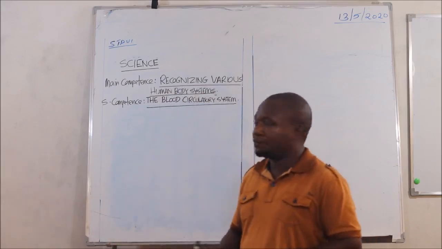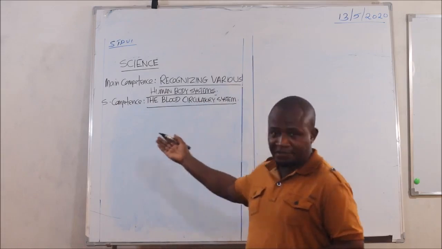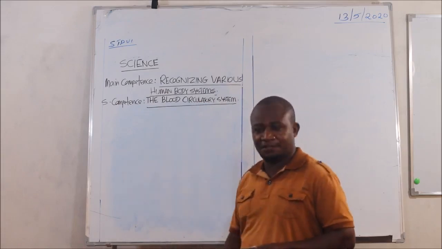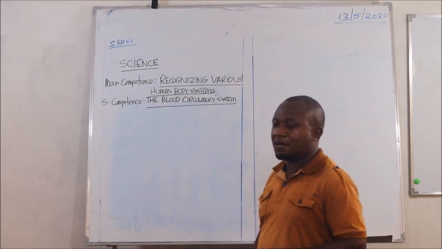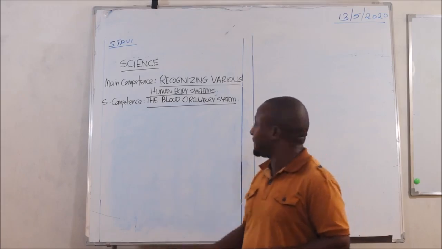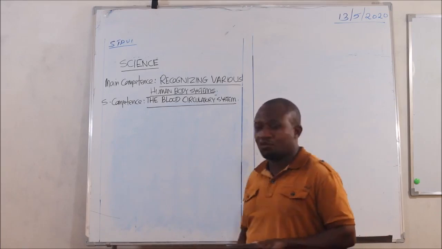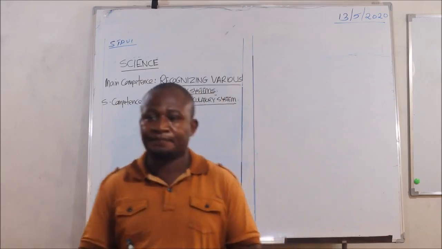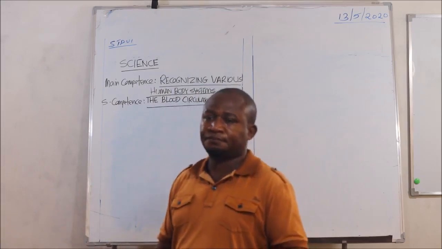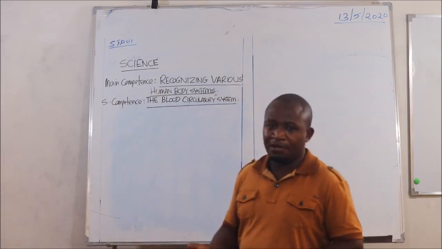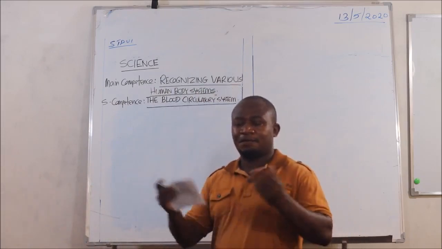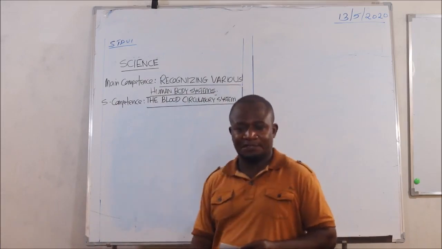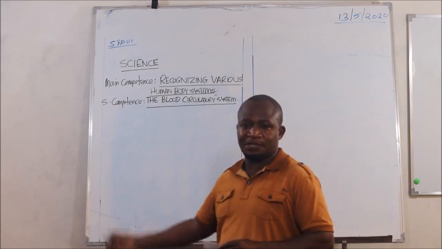Now, in this main competence, that is recognizing various human body systems, we're going to focus on the blood circulatory system. The human body has various systems, and I'll tell you the meaning of the word system as we'll be discussing this.